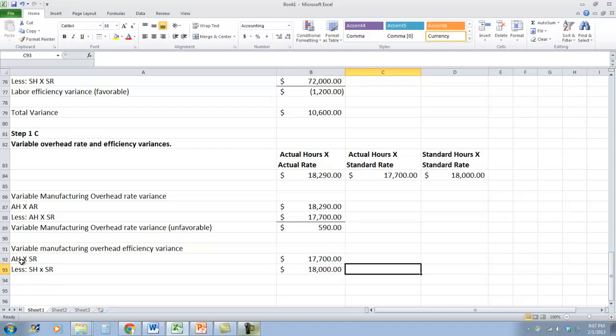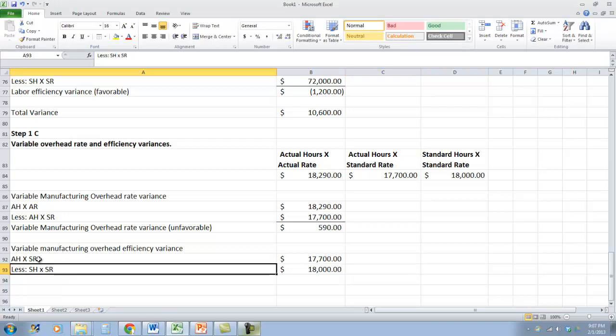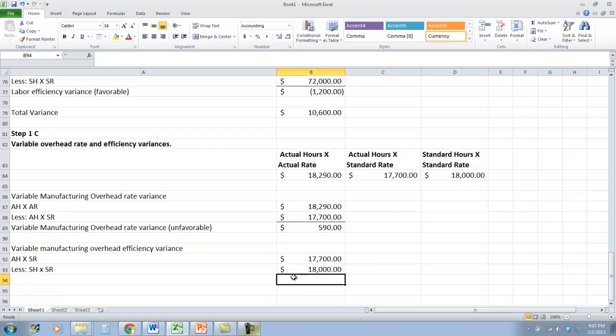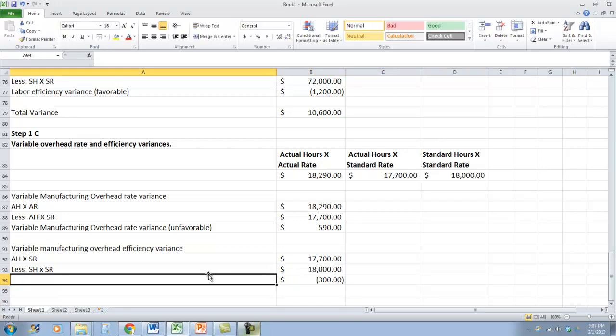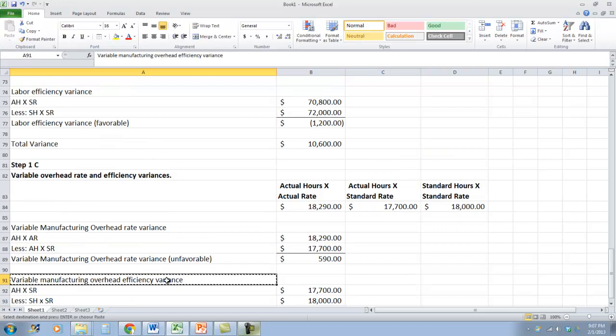So in essence, since standard rate is constant, we are actually figuring out the variance between the actual hours and the standard hours. This would give us an efficiency variance. So actual was less than our standard, so that is a favorable variance.